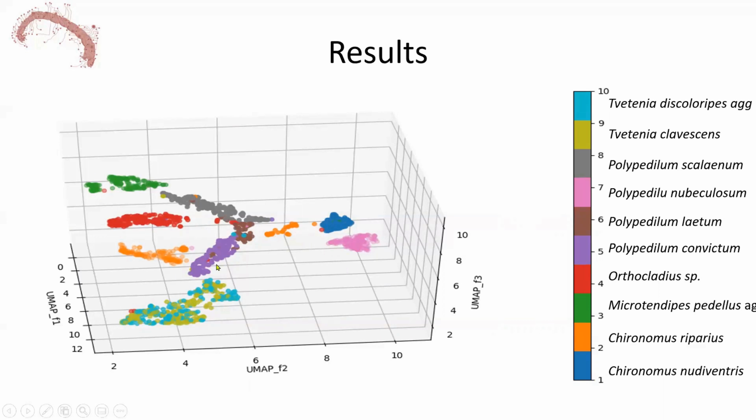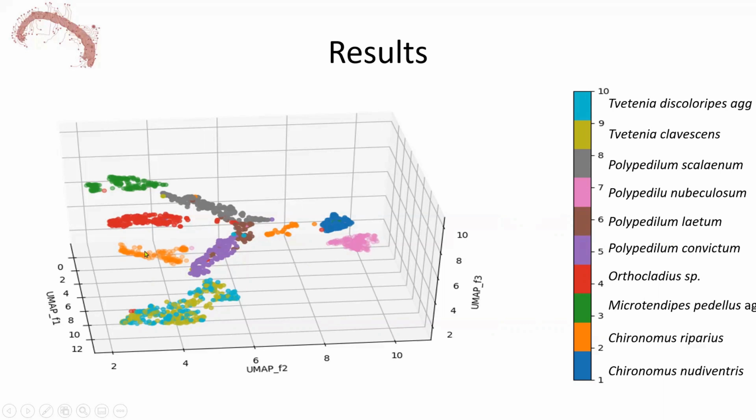Each specimen is coded by color based on previous identification, based on morphological features and traditional identification approach.